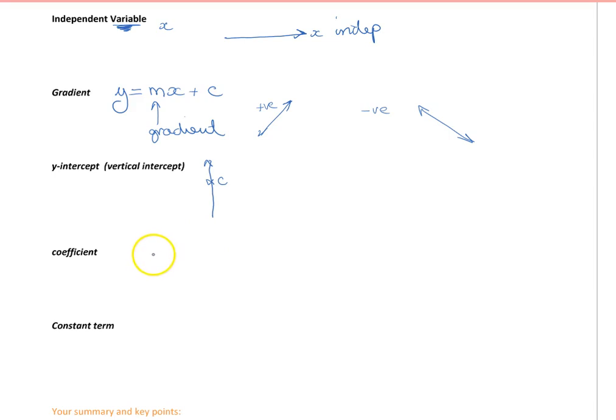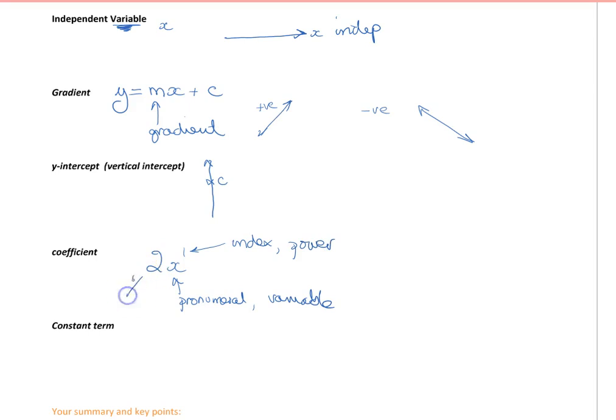Just some other terms that I think you should be familiar with are coefficient. A coefficient is a number in front of the pronumeral. So this is known as the pronumeral, or maybe the variable. If there's a value up here, and in this case there's a 1, that is referred to as the index or power.